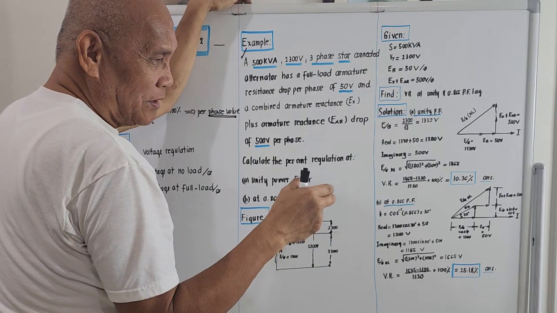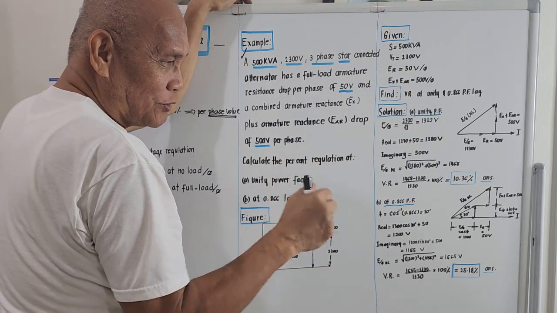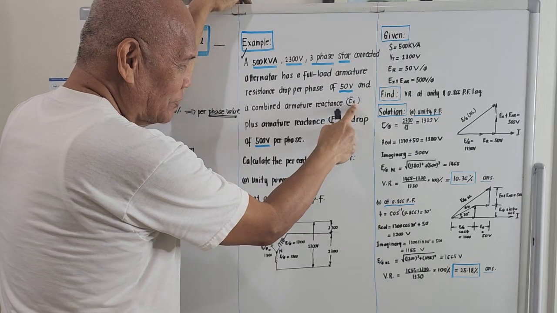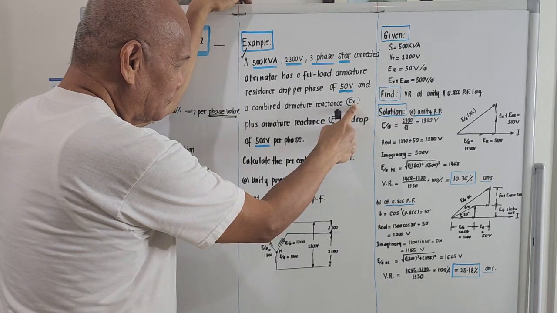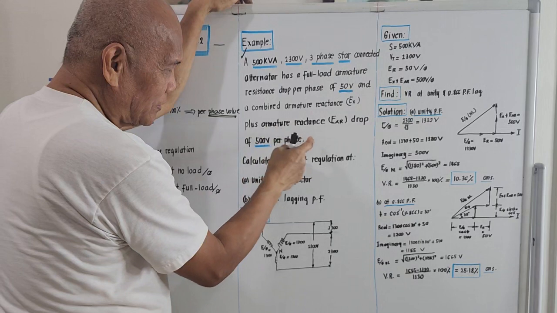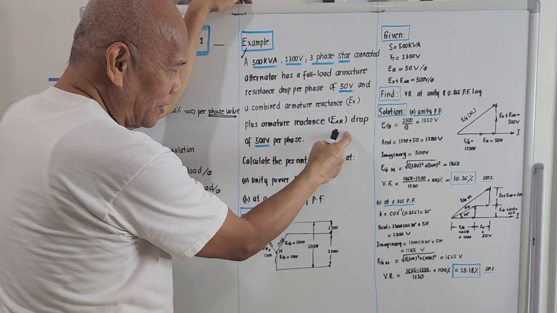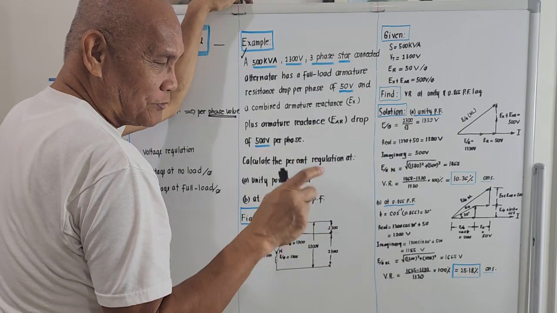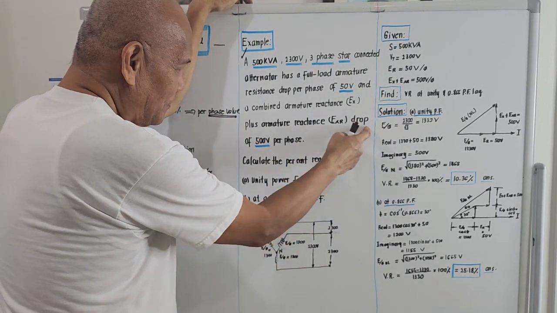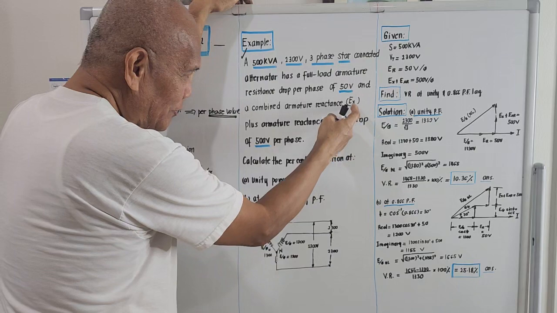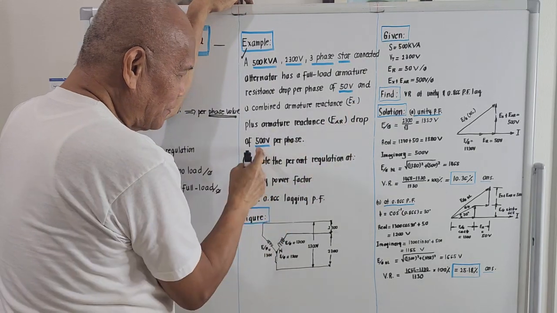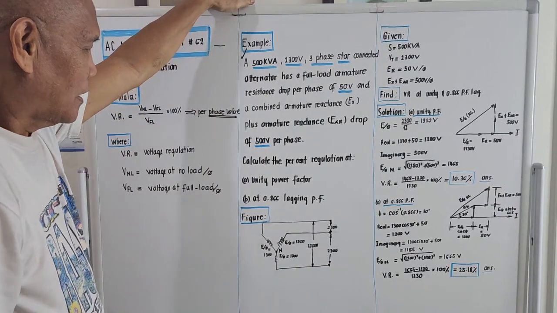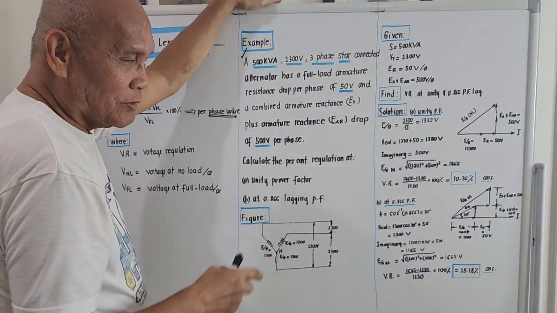This is actually the reactance drop due to the excitation. This X here refers to the excitation drop, plus armature reactance E with the subscript AR. AR is the reactance drop due to the armature. The combination of EX and EAR is 500 volts per phase. Calculate the percent regulation.